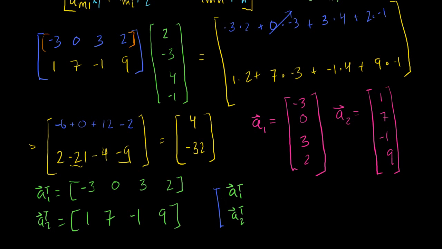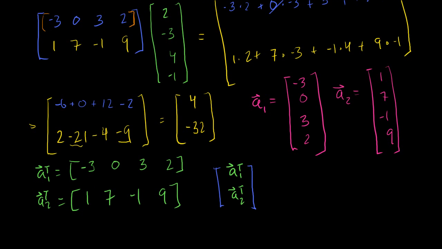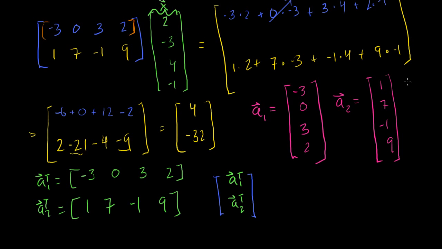This matrix can be rewritten exactly like this, right? Because this is the first row, this is the second row, times the vector, and let me just call this vector x. We can now rewrite the definition as this would be equal to what?